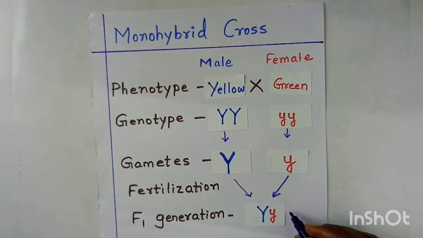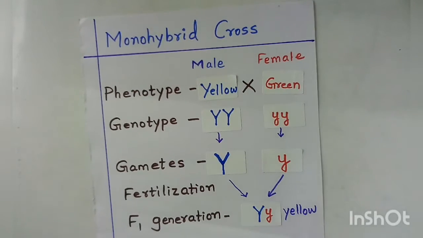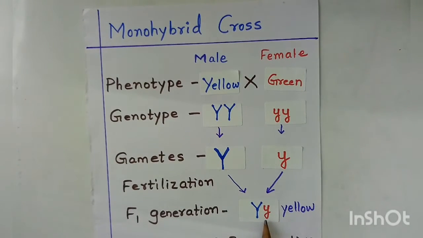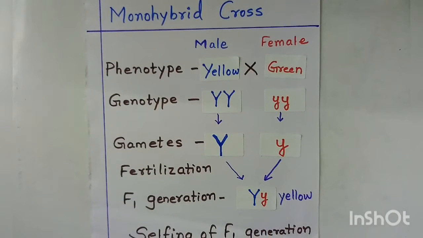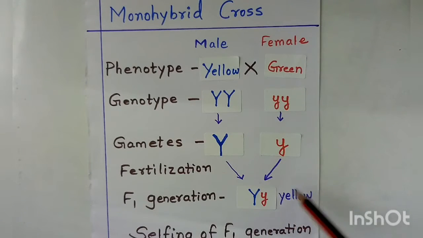That means the F1 generation will show yellow color seeds. So from this it is clear that yellow color of seed has expressed itself in F1 generation.